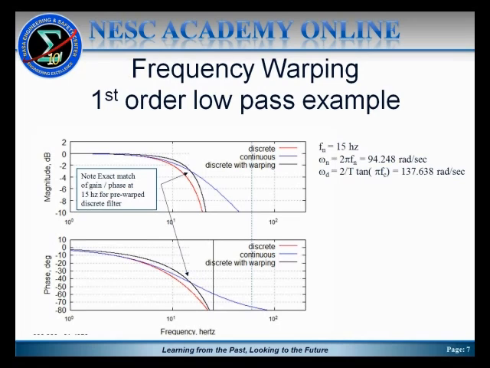I don't know if it's significant or not, but it depends on your application. And again, for this particular filter, you might say, well, the black line is no better of a match than the red line. But if it's critical that you match the gain and phase characteristics at 15 Hertz, then this is a technique that can be used to ensure that.